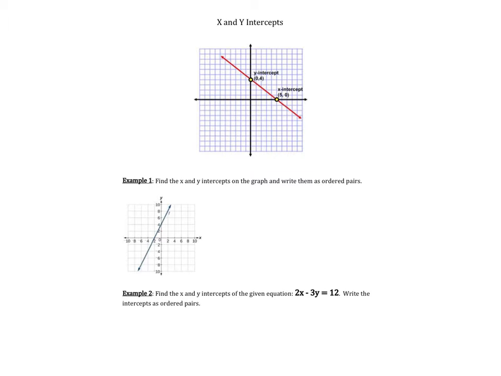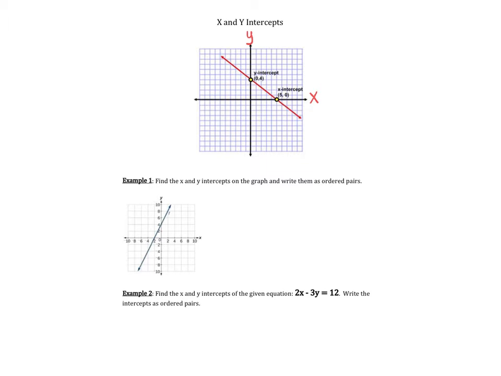So you know from previous years that when you have a coordinate grid, it has an x and a y axis. And I've labeled those here. Your x-axis runs horizontally, left and right. Your y-axis runs up and down vertically. The x-intercept is exactly what it says.